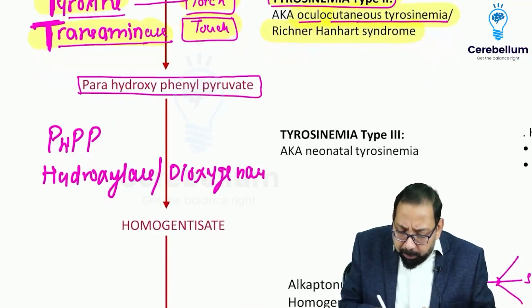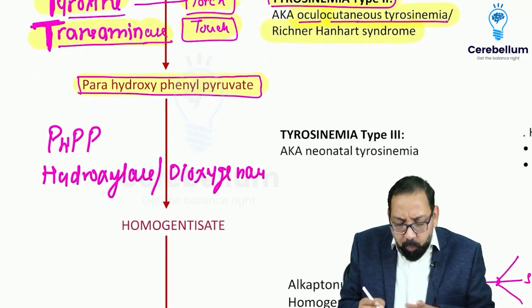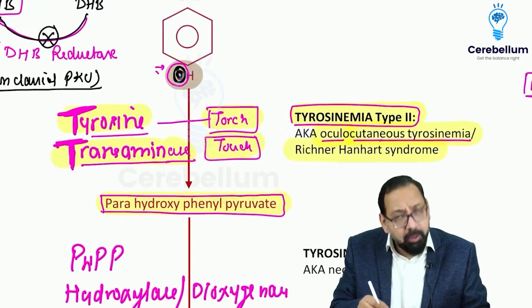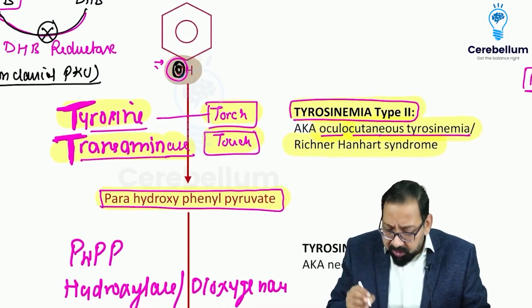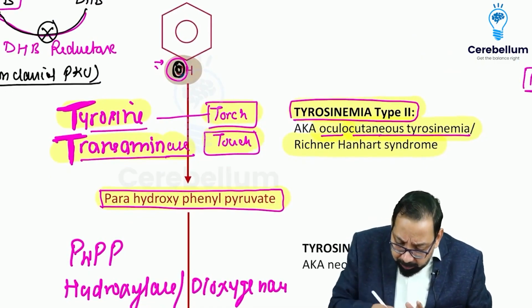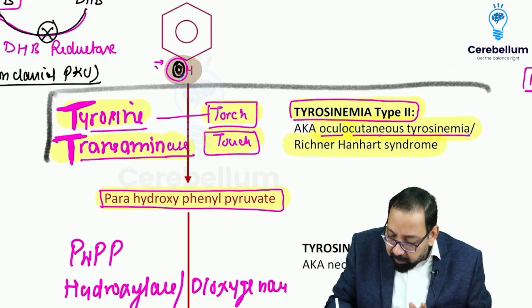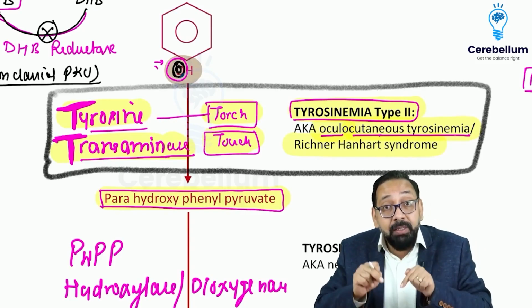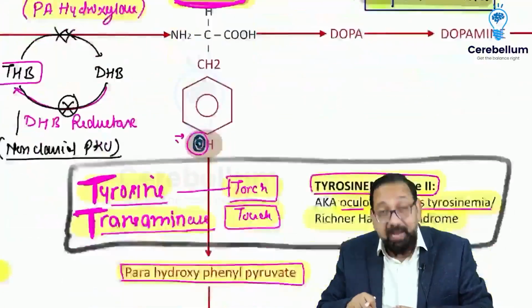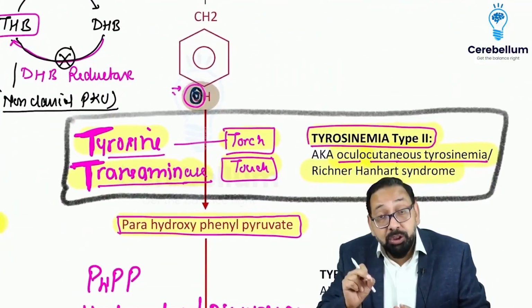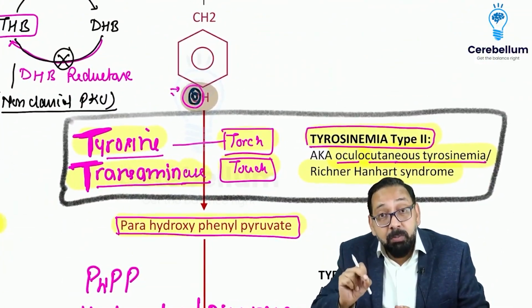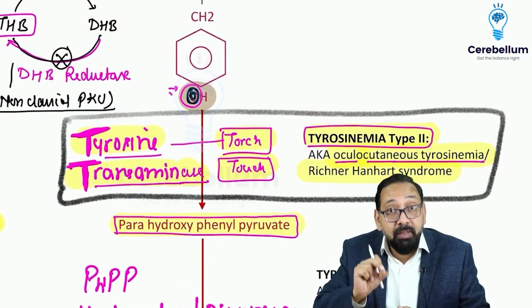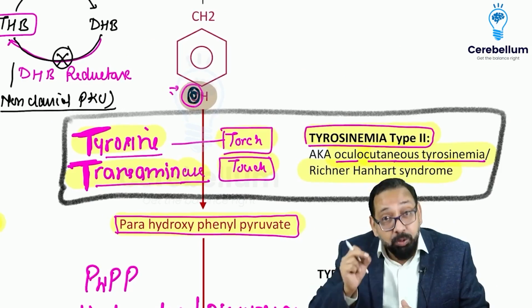Even if you don't remember that para-hydroxyphenyl pyruvate is produced in this step, it's okay. But you must remember this, which I am putting in a box, that this is tyrosinemia type 2. And you must know that this defect is in the metabolism of tyrosine. Sometimes they will ask: tyrosinemia type 2 is due to defect in the metabolism of tyrosine.